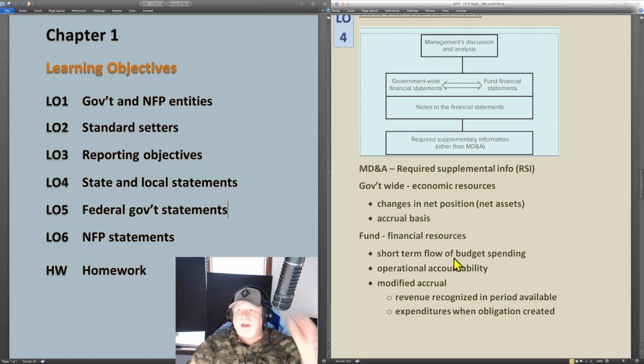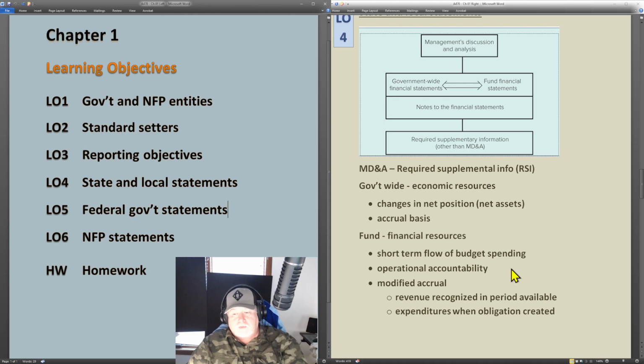And so we report these fund financial statements because of a need for operational accountability. If you think about it, the income statement is also a statement of operations, right? It's looking at the revenues that you brought in and the expenses that you incurred, and so it does also look at management's effectiveness in running the business.